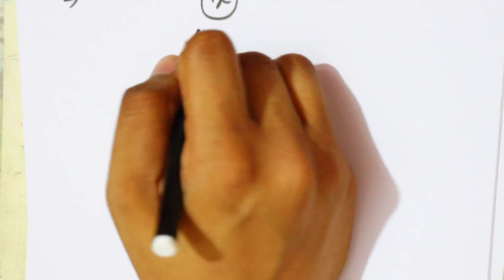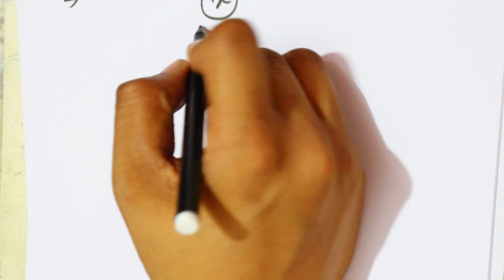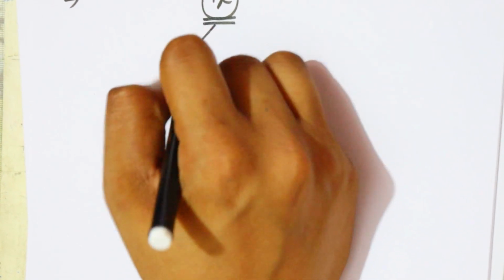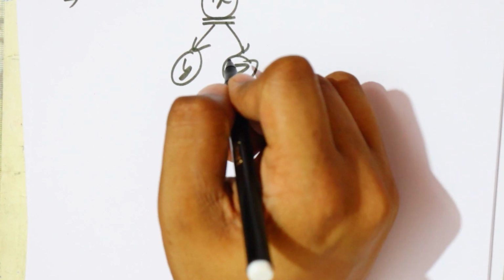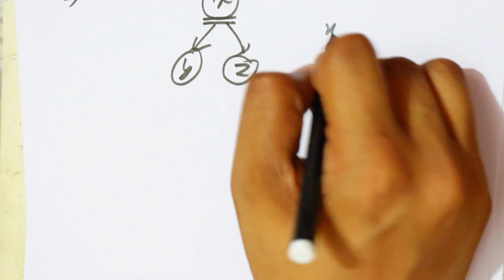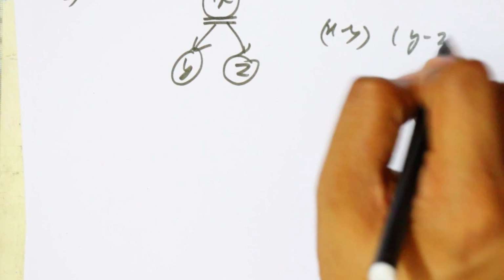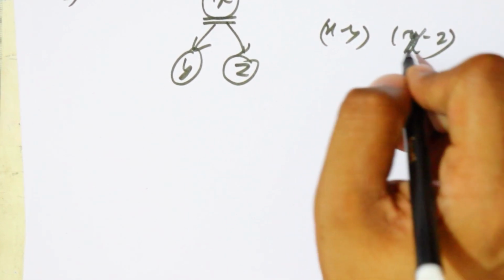So up till now the basic intuition is that we need to choose an element x, and for that element x, we need to choose elements y and z so that x minus y and x minus z are minimum.